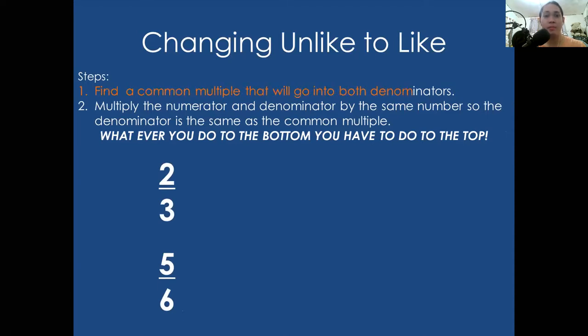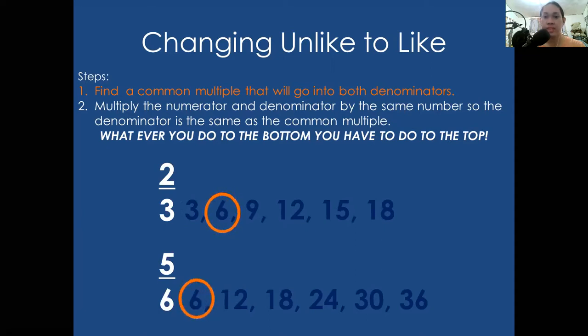So let's have 2/3 and 5/6. Find a common multiple that will go into both denominators. For 3, we have 3, 6, 9, 12, 15, 18. As you can see, for 6, you have 6, 12, 18, 24, 30, and 36. So as you can see, the least common denominator is 6.